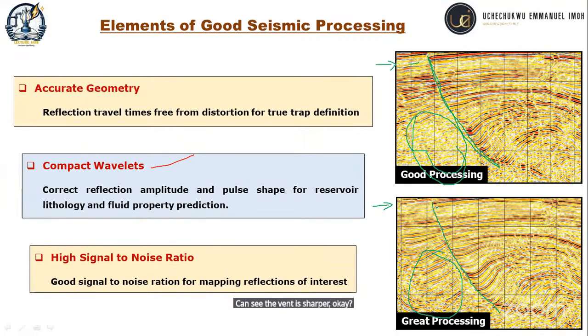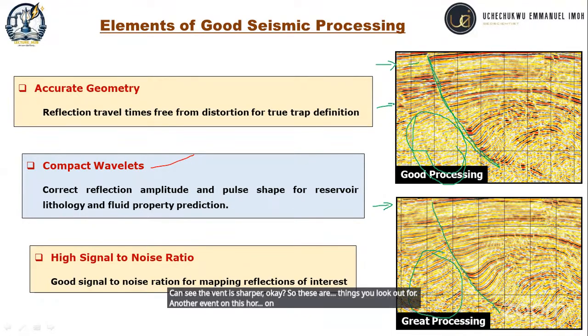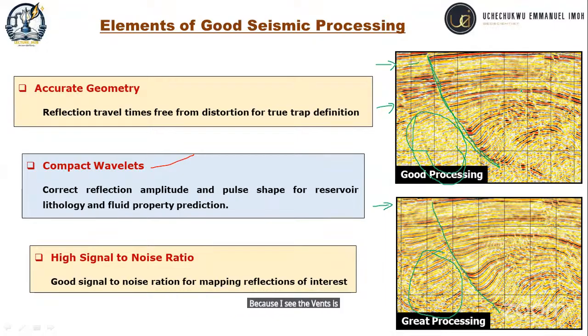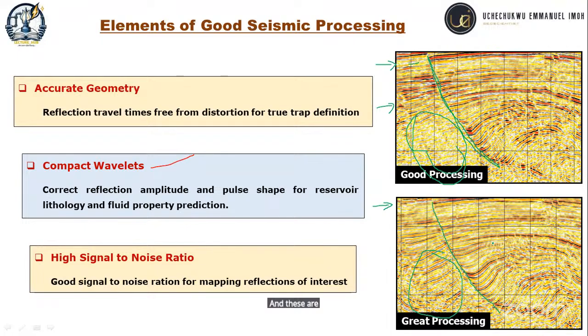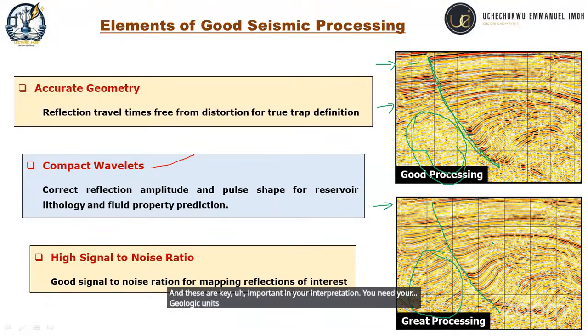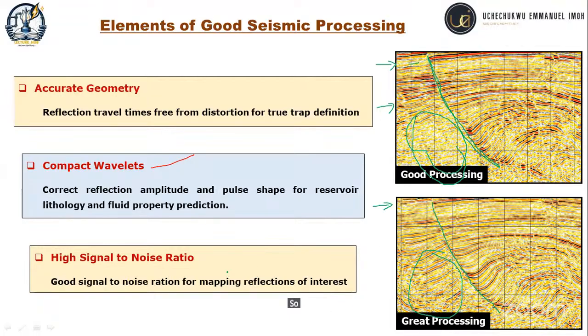Okay, so these are things you look out for. Another event on this zoom horizon here, you can see the event is blurred in the one above, and on the stack section below it is sharper. So if you look through the data, you see that, and these are important in your interpretation. You need your geologic units and information to be well resolved. So that is it for elements of good seismic processing.